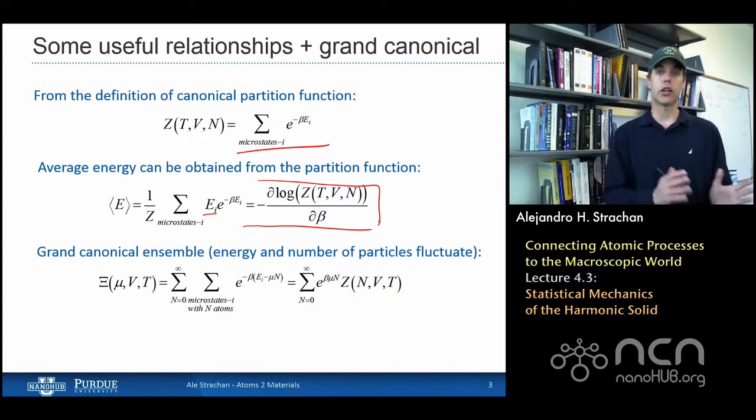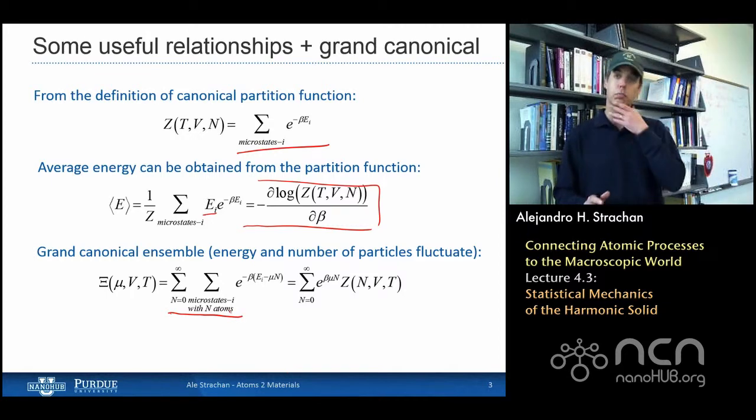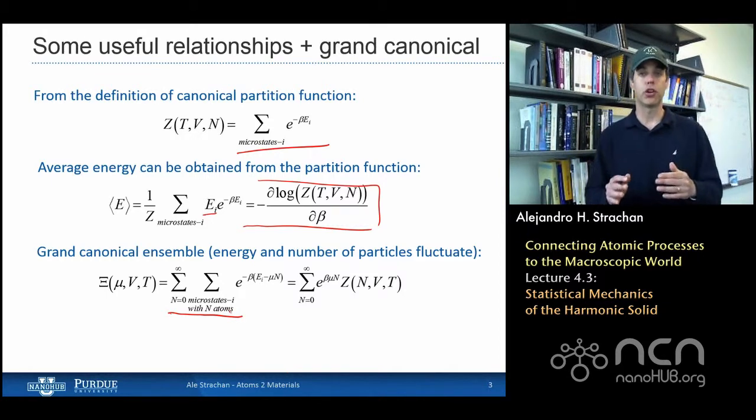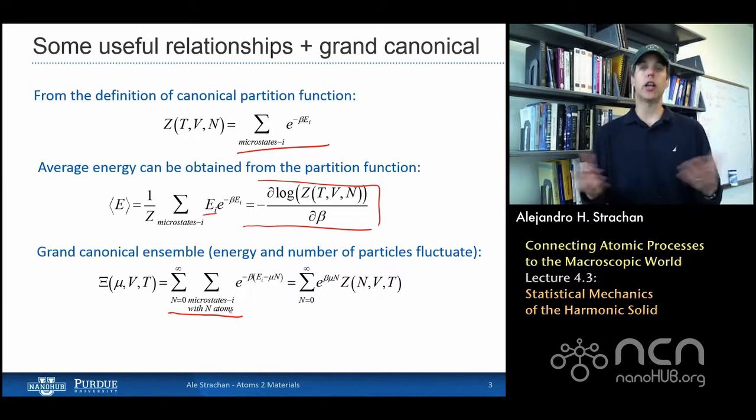So there's a grand canonical partition function, just like the canonical partition function. The only difference is that in the grand canonical partition function, you sum over all microscopic states with any number of atoms.